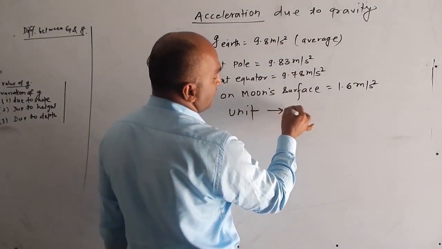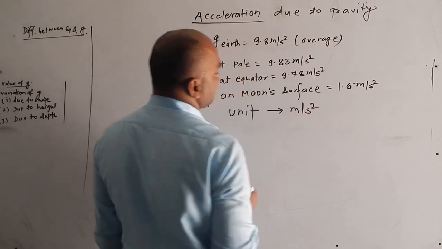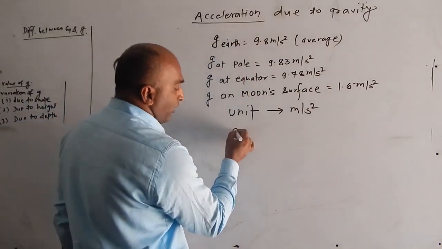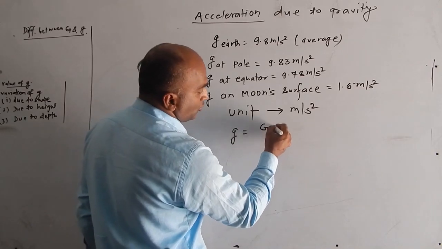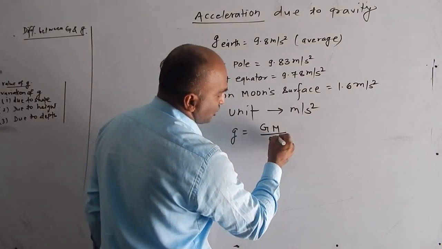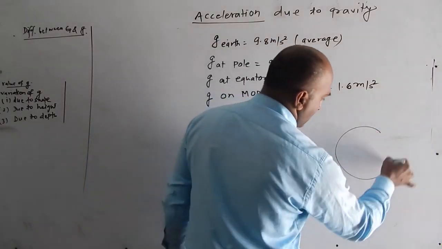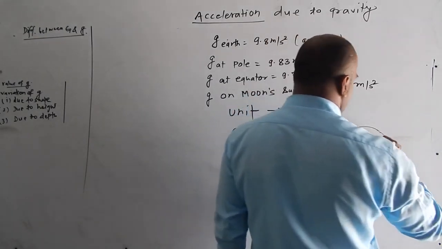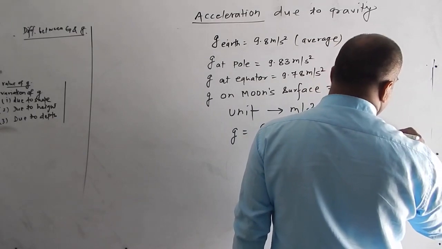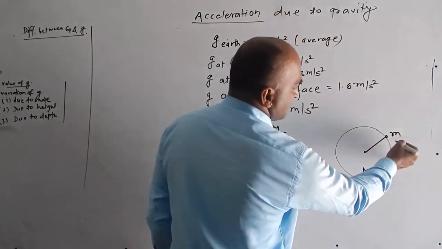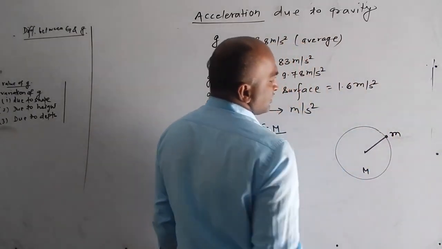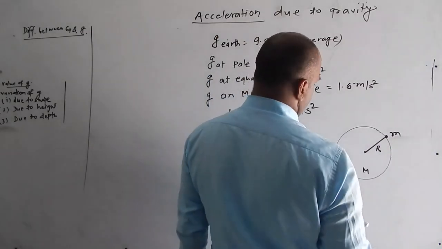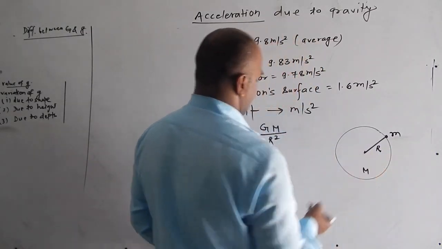Its unit is meter per square second, and the value of acceleration due to gravity is calculated by g equal to GM by R square, where M represents the mass of the earth or planet, and R represents the radius of that planet.